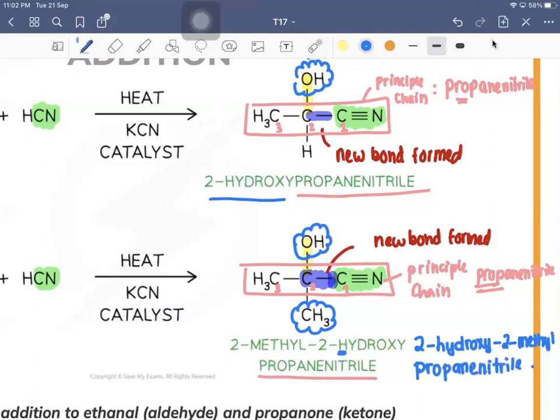Okay, this is hydroxy and CH3 is methyl. Okay, why have I changed it? Alphabetical order.